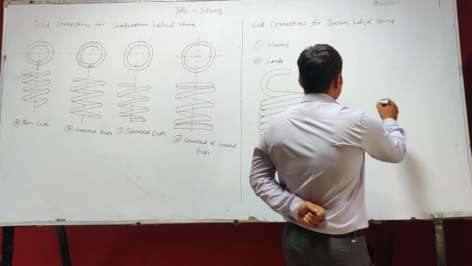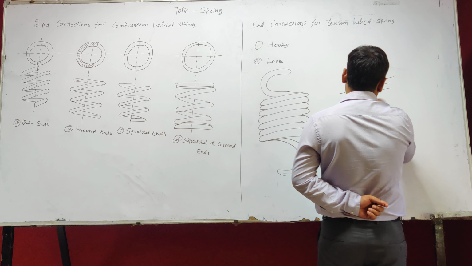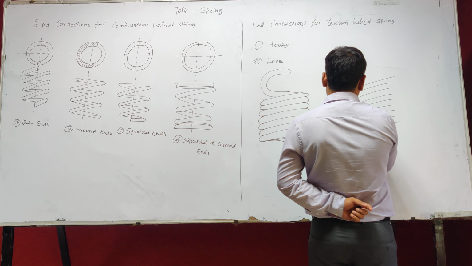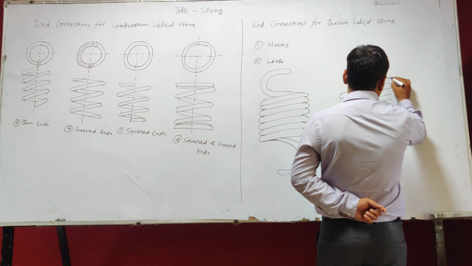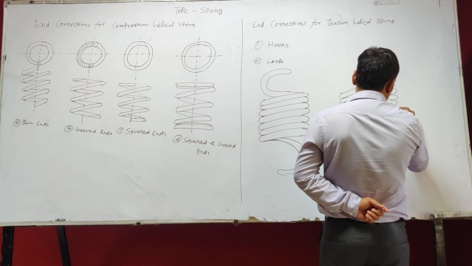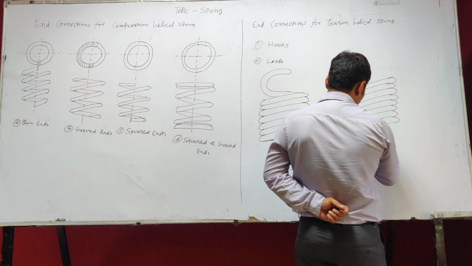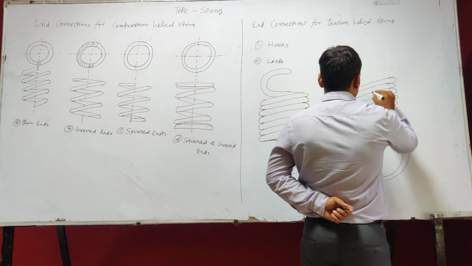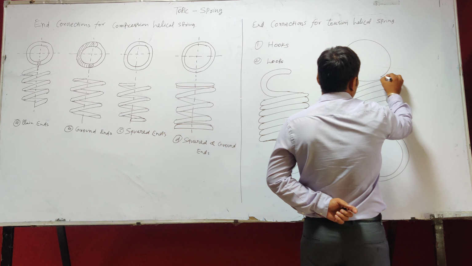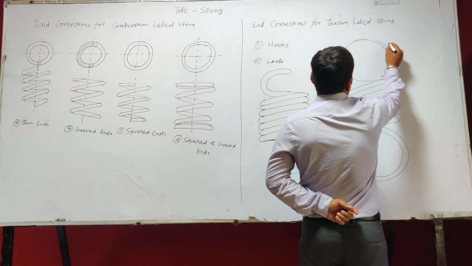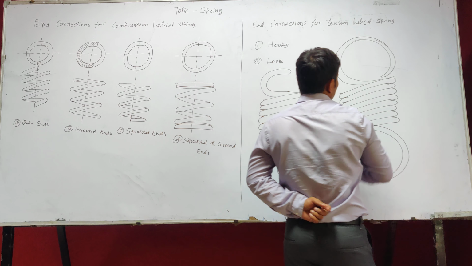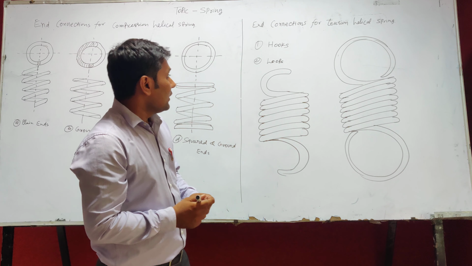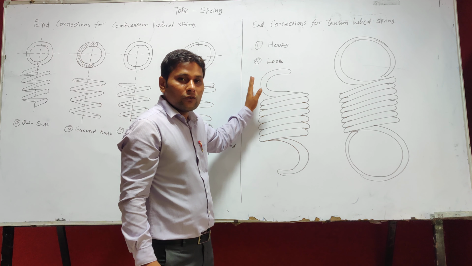And in the loop type, this is the loop type of end connection for tension helical springs. In the hook type, only a half coil is used for the end connection.